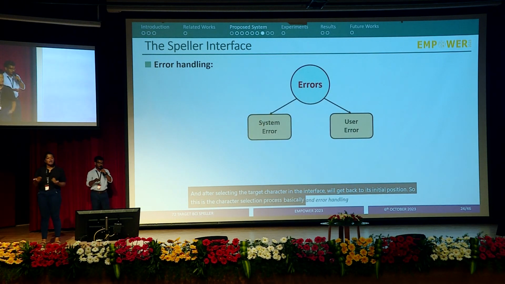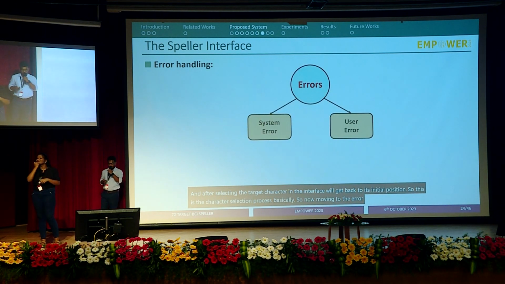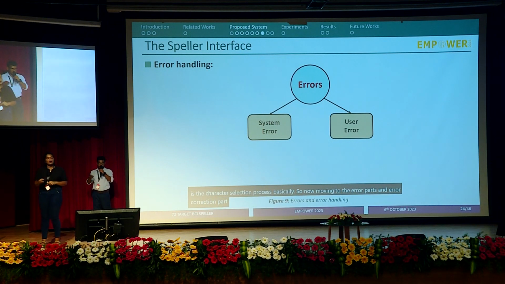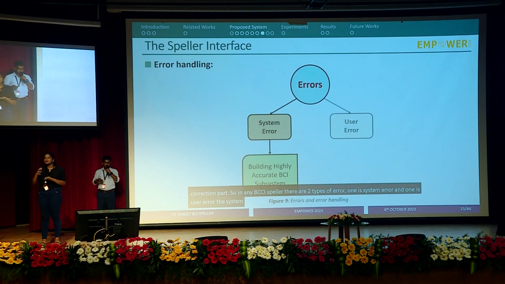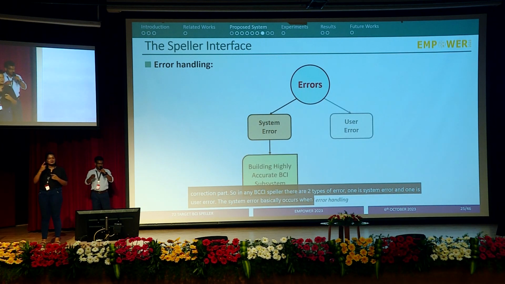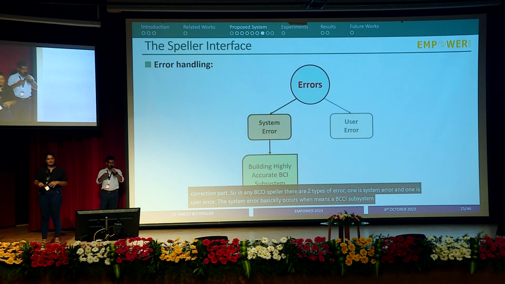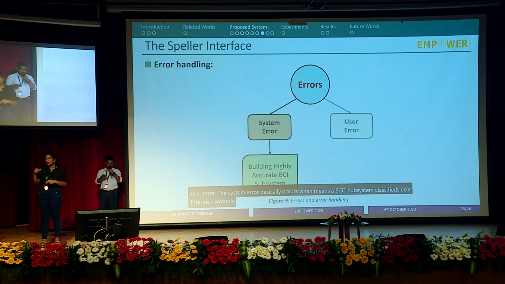Now let's move into the error and error correction part. In any BCI speller, there are 2 types of error: system error and user error. The system error occurs when a BCI subsystem classifies user intention wrongly. This error can be resolved by building a highly accurate BCI subsystem.